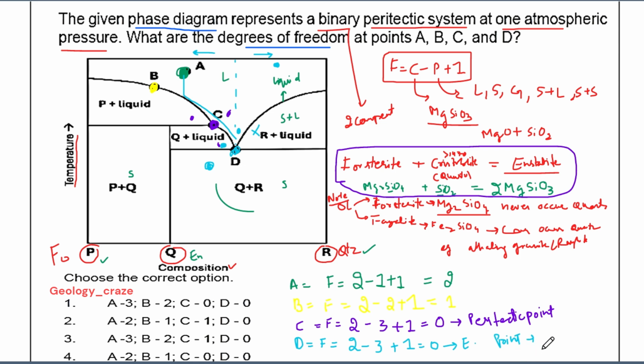Now at the eutectic point, what are we getting? We are getting graphic texture. Why graphic texture? Graphic texture means both minerals crystallize simultaneously.